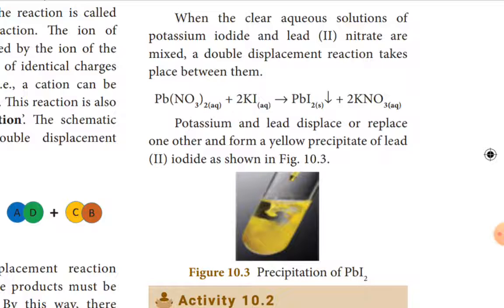In this, sodium sulfate is an aqueous solution, barium chloride is also an aqueous solution, and the product barium sulfate is a solid substance, which is in the form of a precipitate, shown with a downward arrow mark. Sodium chloride is an aqueous solution. So you write the equation in practice.